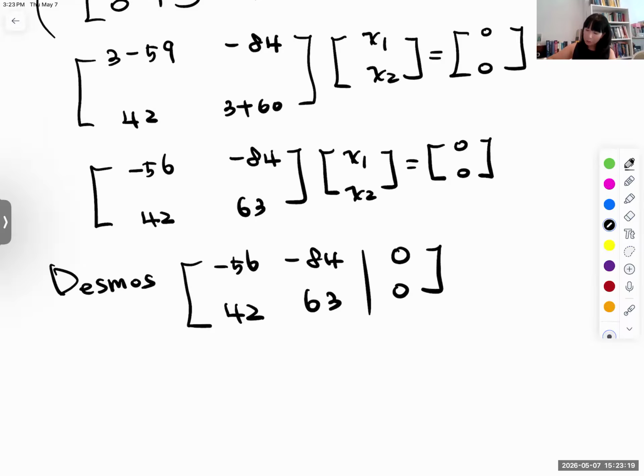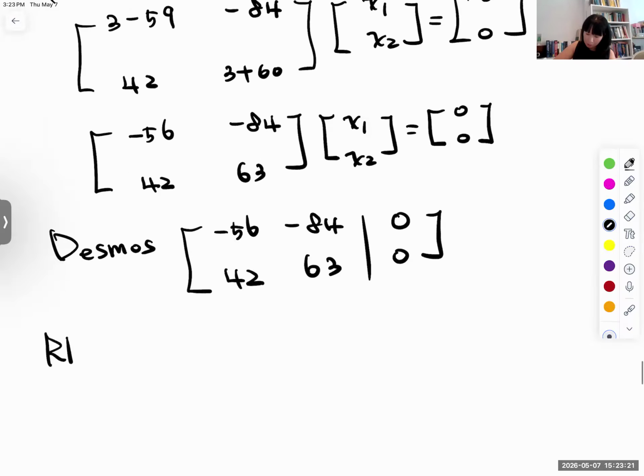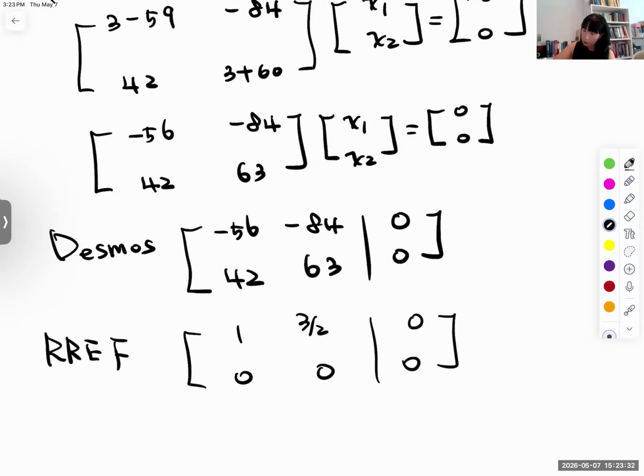What do you get? Reduce to row echelon form. So we have 1 and 3 over 2, 0, 0, 0, 0. So that means x sub 1 plus 3 over 2 x sub 2 equals 0. And x sub 2 is also a free variable, right? So x sub 2 is free.